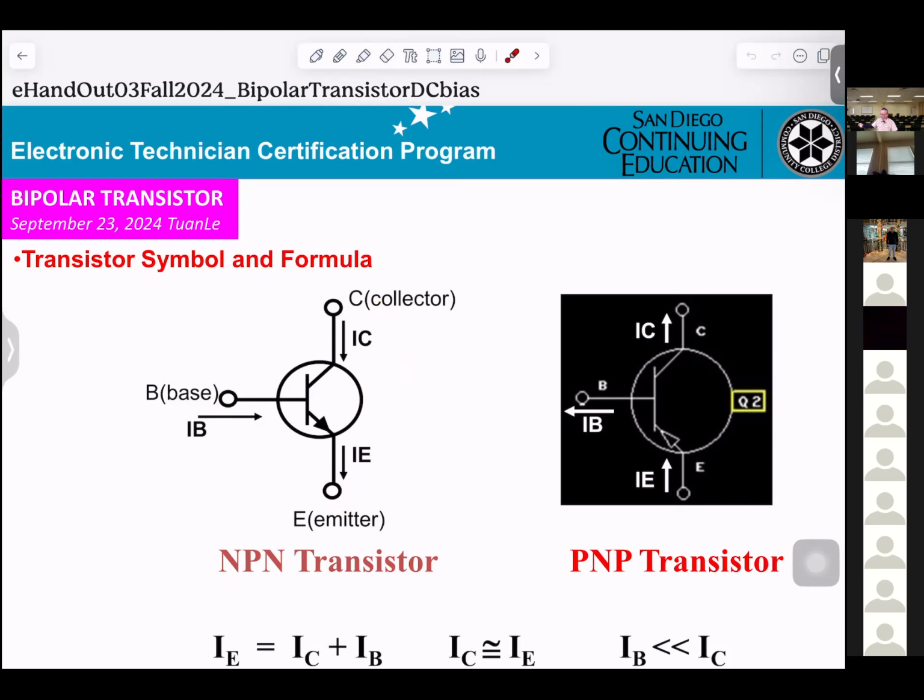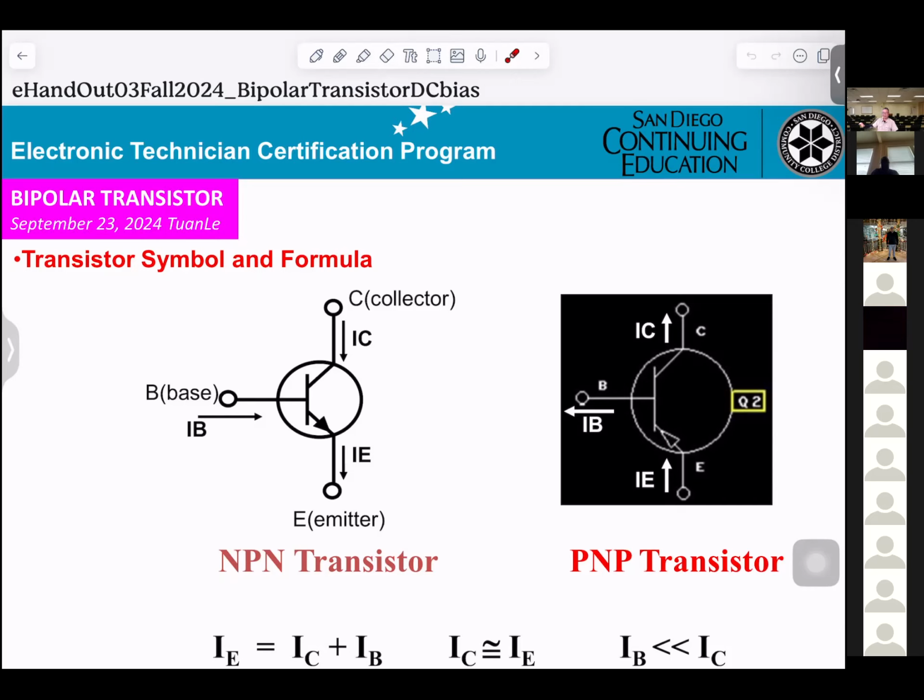Same thing for PNP. The difference will be the arrow: for NPN the arrow is going out, and for PNP the arrow is coming in. That is the difference.